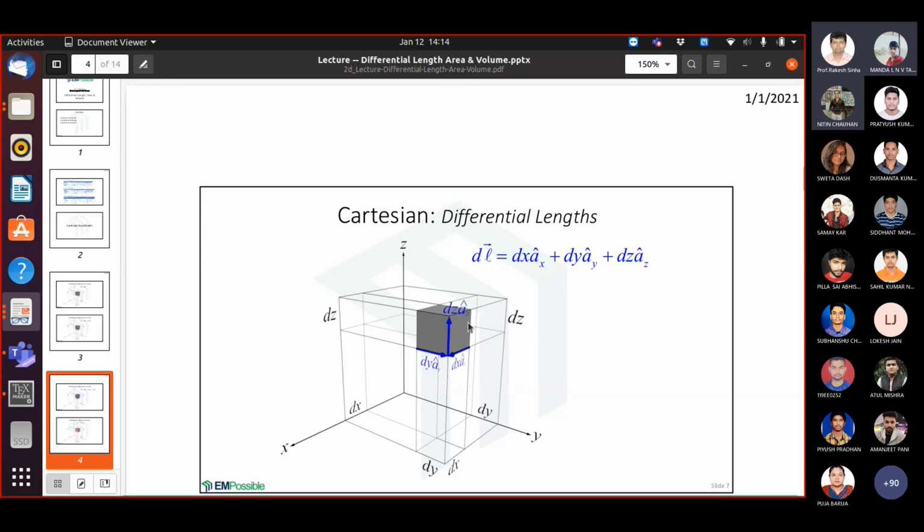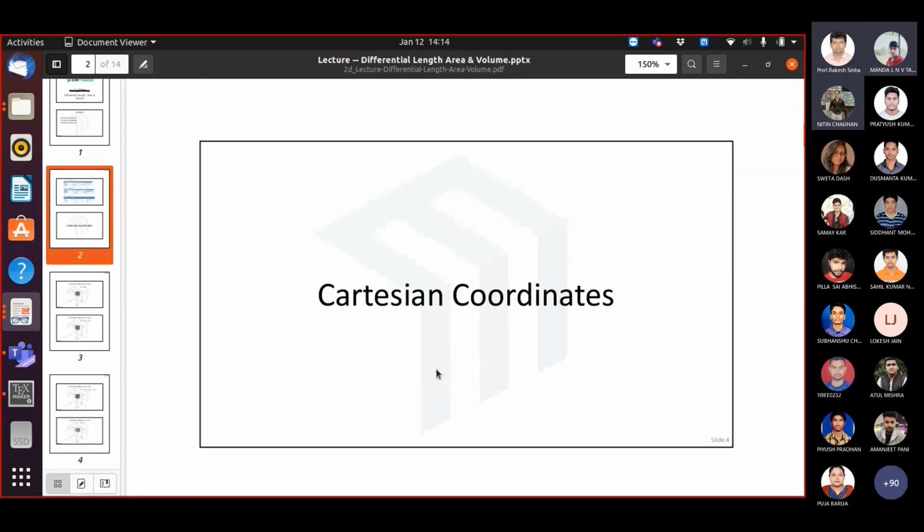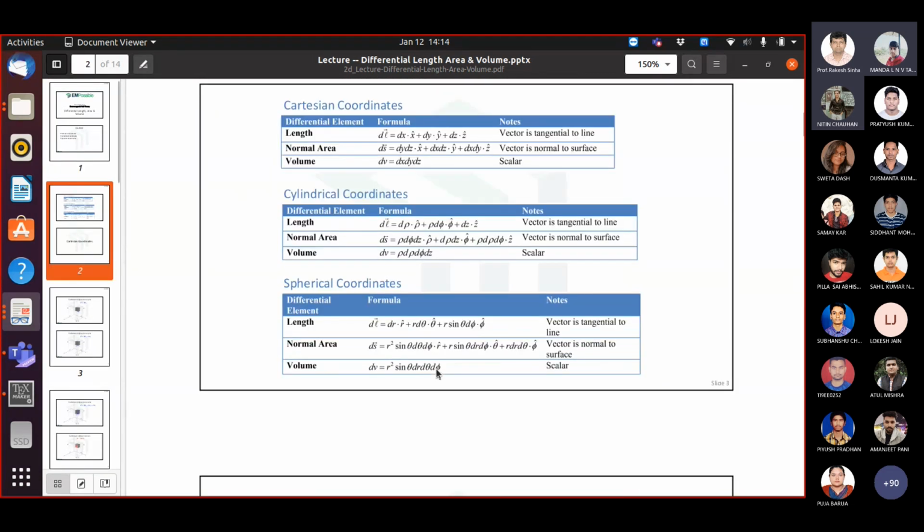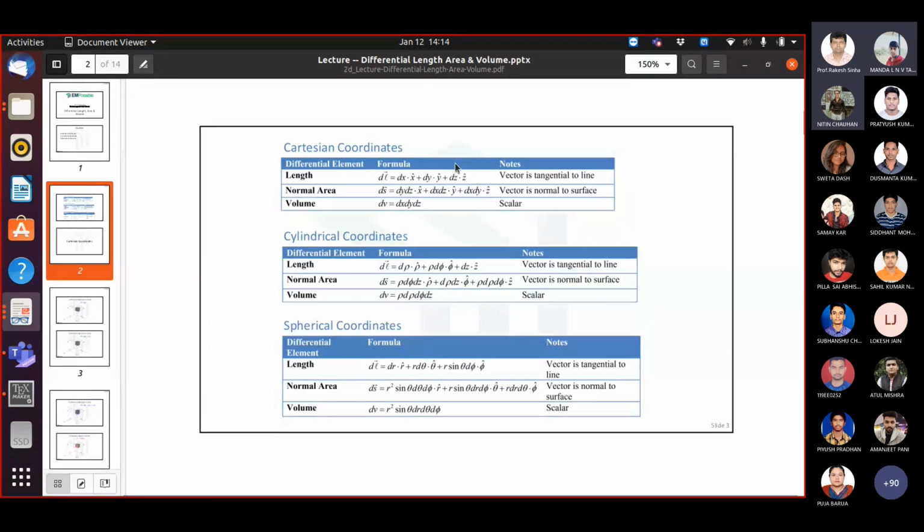If I find the net direction, it may point along the diagonal of the cube. So this is our definition of differential length for the general purpose: dx into x hat plus dy into y hat plus dz into z hat.